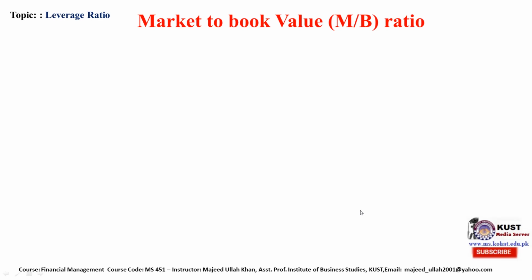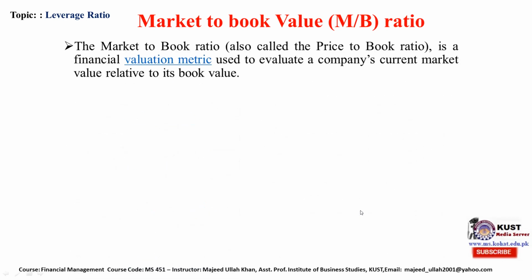Market to book value of the company. The market to book value ratio is also called the price to book ratio. It is a financial valuation measurement to evaluate the company's current market value relative to its book value.